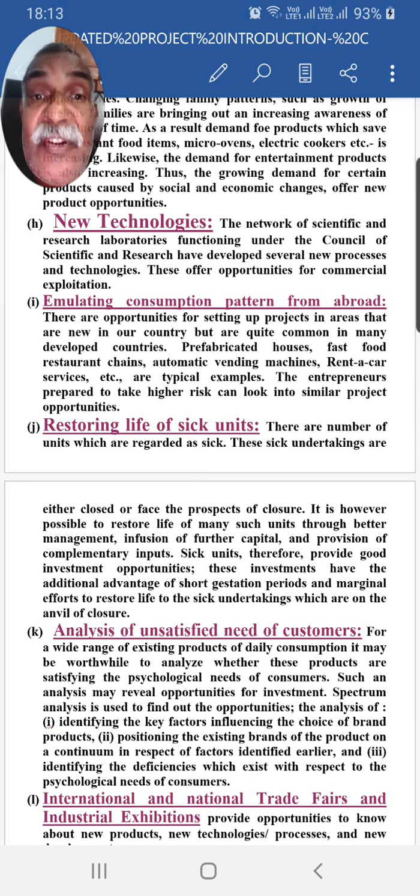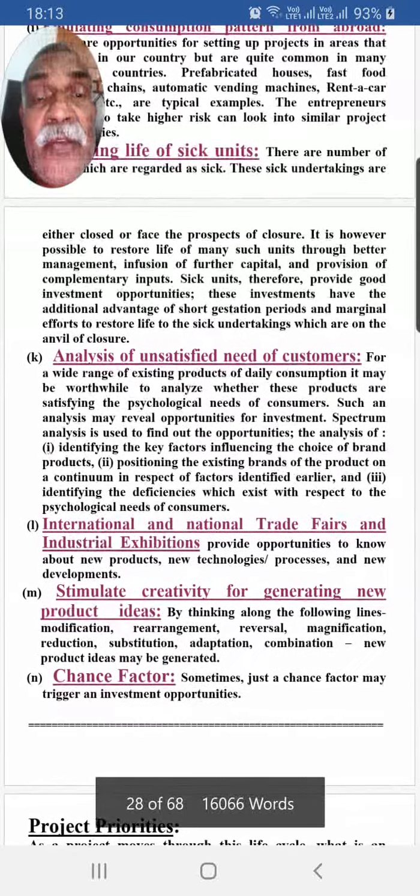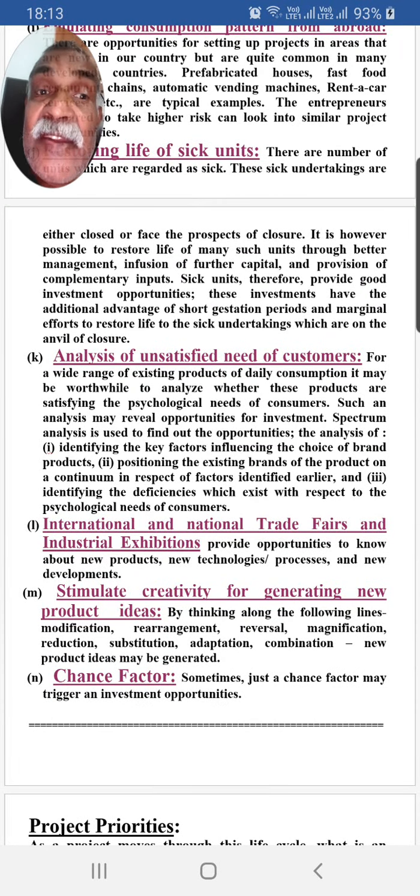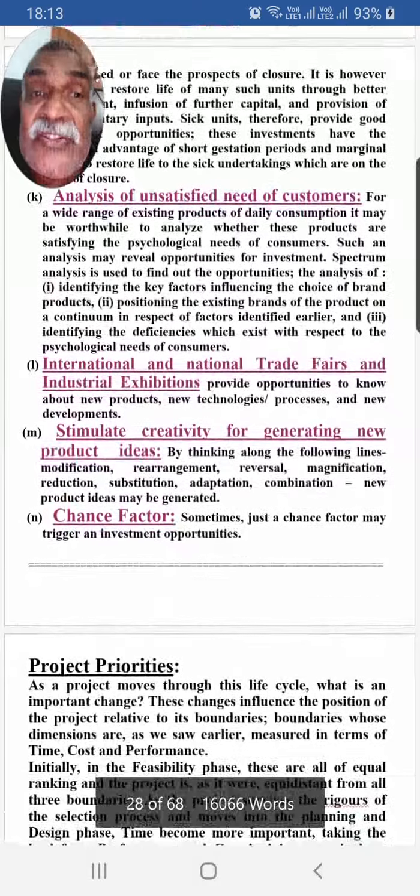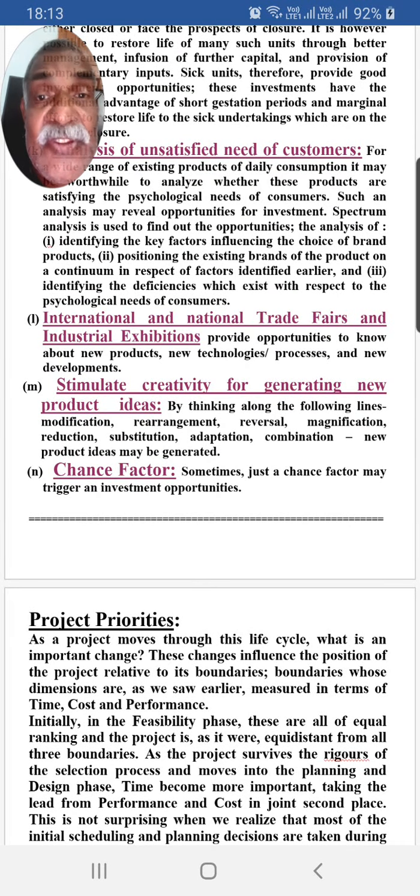You have to restore life of sick units. You have to analyze the unsatisfied needs of consumers, international and national trade fairs and exhibitions, and stimulating creativity for generating new product lines, and change factors. There are also many other factors, but these are the important factors which you will have to keep into consideration to get better opportunities to invest your money.